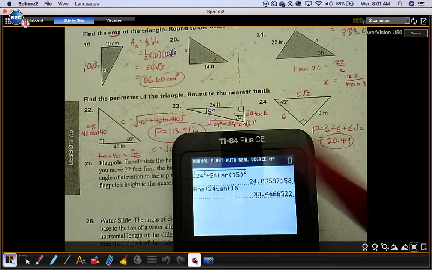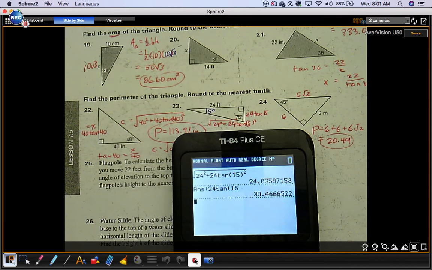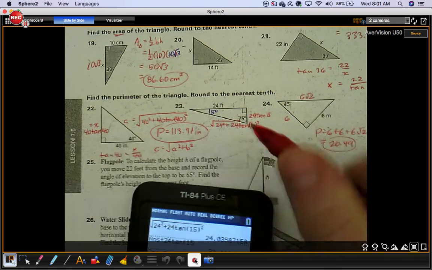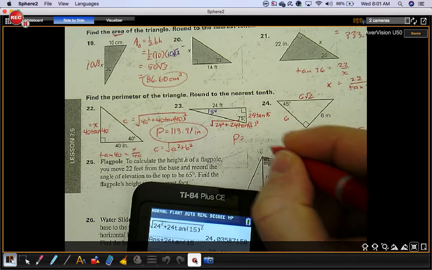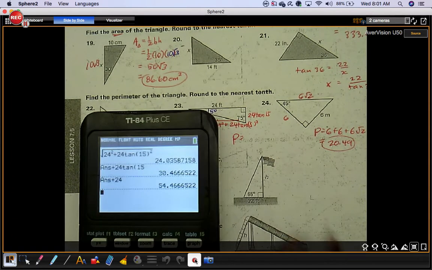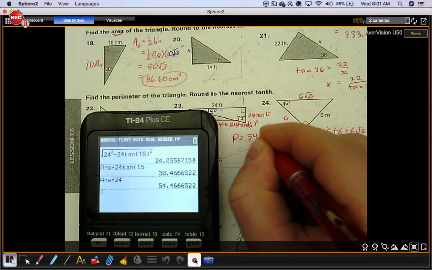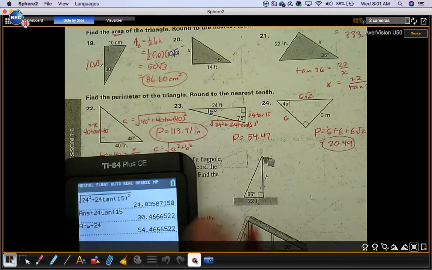Then I'm going to add my long leg, 24. This is my exact perimeter. I'm allowed to round now. Rounding anywhere in between or before that would be a mistake. Your perimeter is, I lost the number, 54.47. And it's in feet.